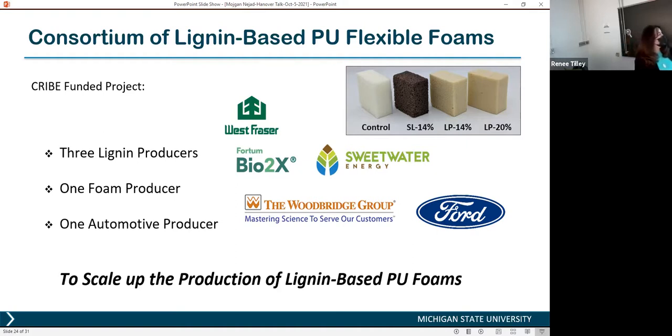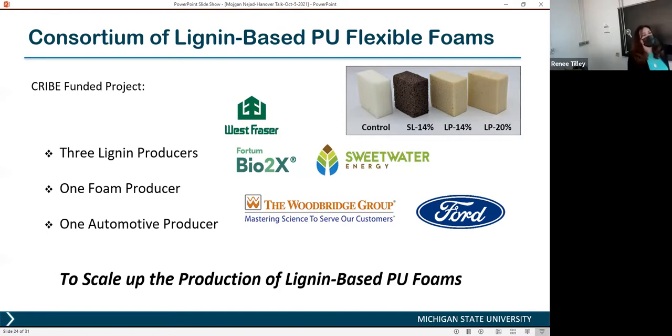The plan is that Woodbridge Foam is going to scale up our technology, lignin polyol technology, to use lignin to make foam products in automotive. I probably didn't mention, in every car there are 60 polyurethane parts, and almost 30 kilograms of the weight of each car is foam.